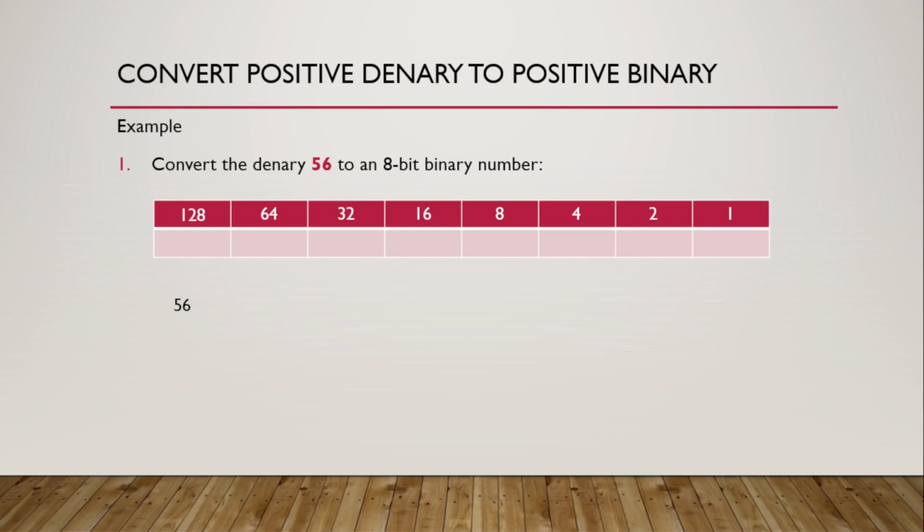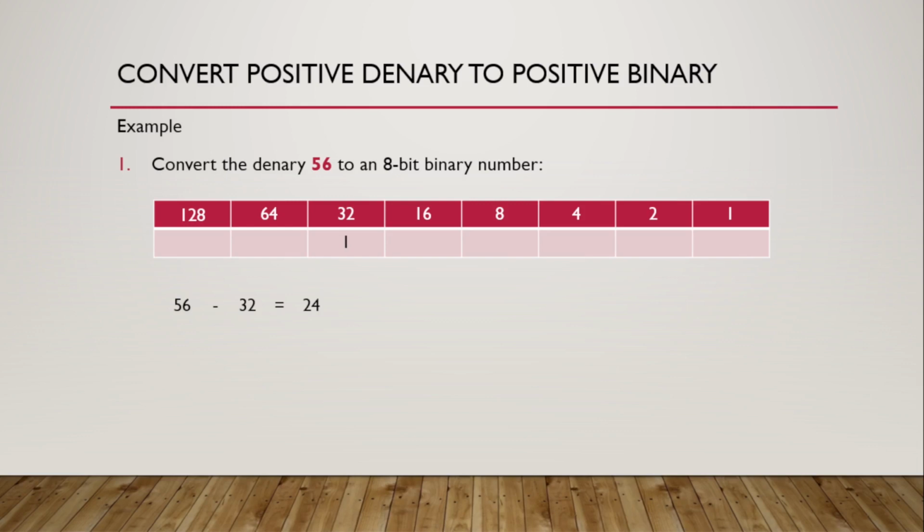With respect to the place values, we start with our comparisons. Is there any place value in the table that is less than or equal to 56? And that would be 32. So we place a 1 under 32 and subtract 32 from 56 to get 24.